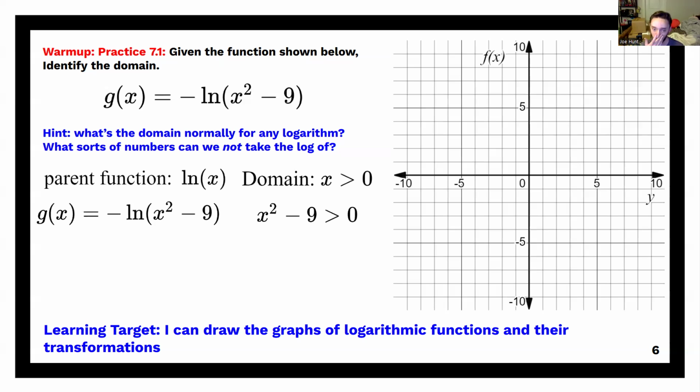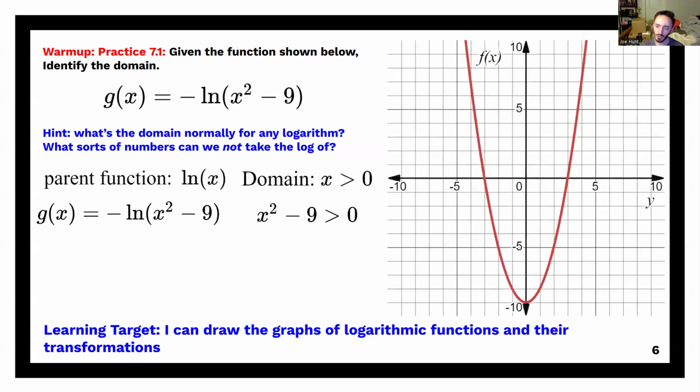To help us figure out the domain of this function, think about this quadratic, which went down 9 units in terms of its y-intercept. We're essentially answering the question on this graph of where this thing is greater than 0, which is to say that it's above the x-axis. That's the same question as asking where x squared is greater than 9.